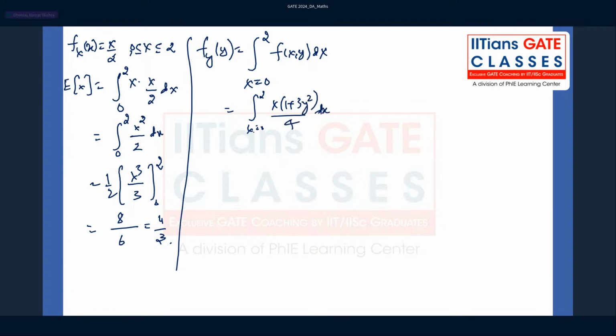Now this y is going to be treated as a constant, and this will also be useful to find the conditional probability.